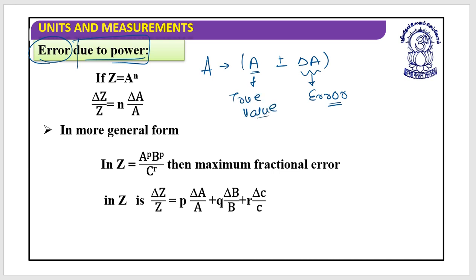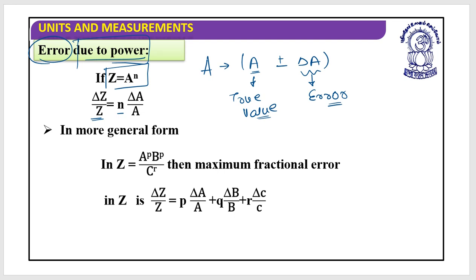If z is equal to a to the power n, then I can write that delta z by z is equal to n times delta a by a. Whatever the power is, that power would be multiplied with that number.